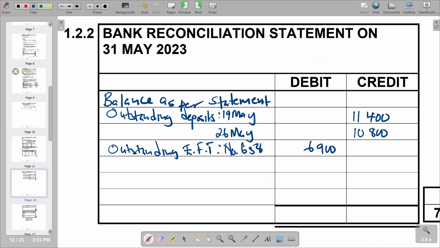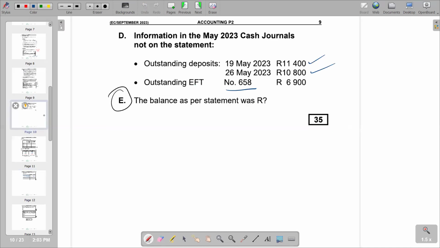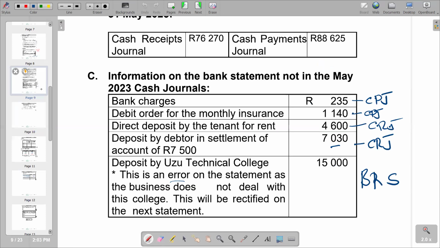Then we also have that one that needs to be cancelled. This one is an error. It was a deposit by Uzu Technical College, so it is appearing on the credit side as 15,000. We need to remove it as it is an error on the statement. The business does not deal with this college. So by removing it, we go to the opposite side, the debit side.